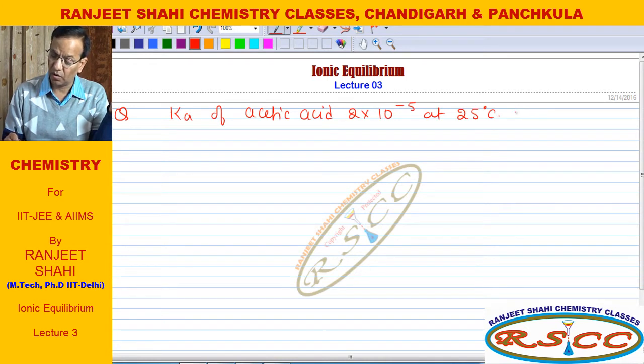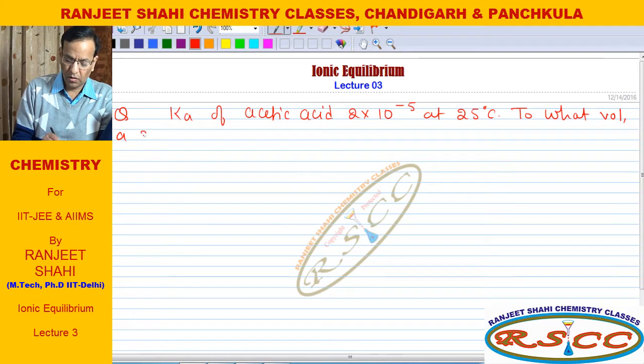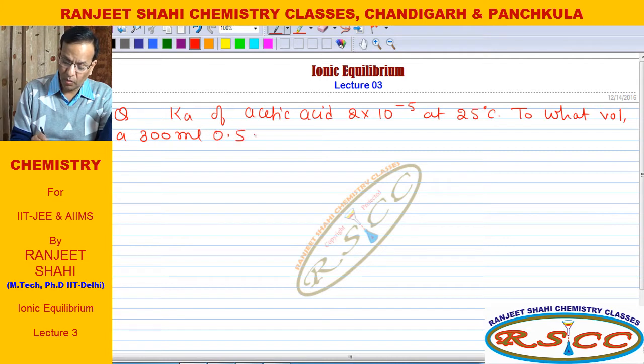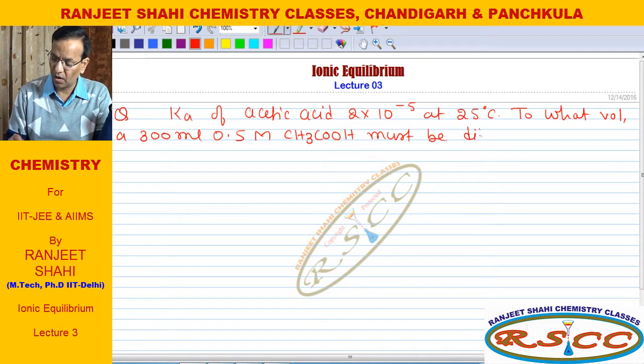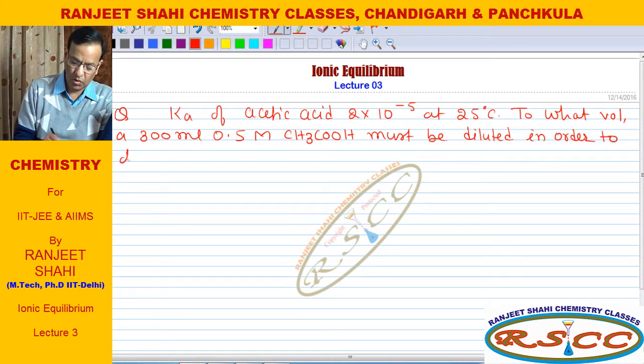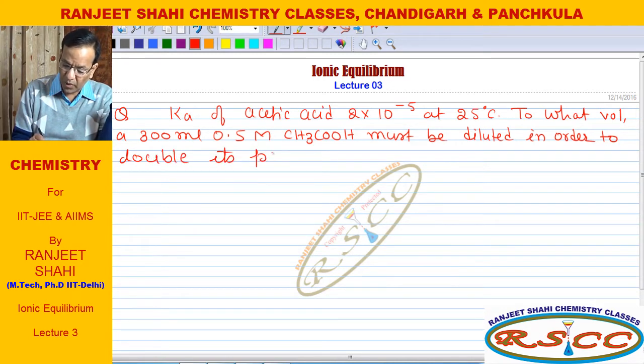Now the question is, to what volume a 300 ml 0.5 molar acetic acid solution must be diluted in order to double its pH.